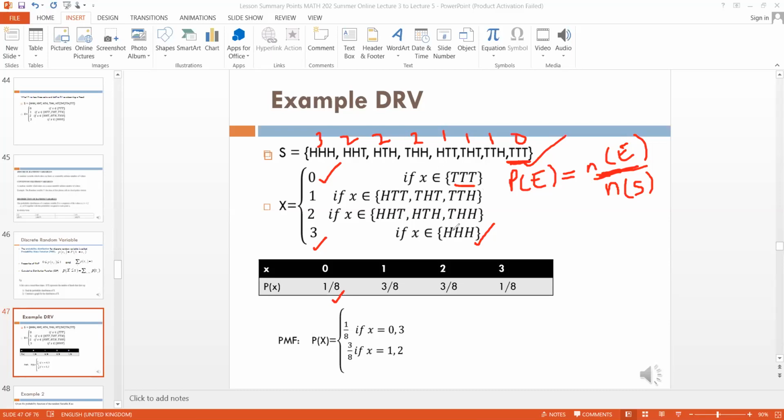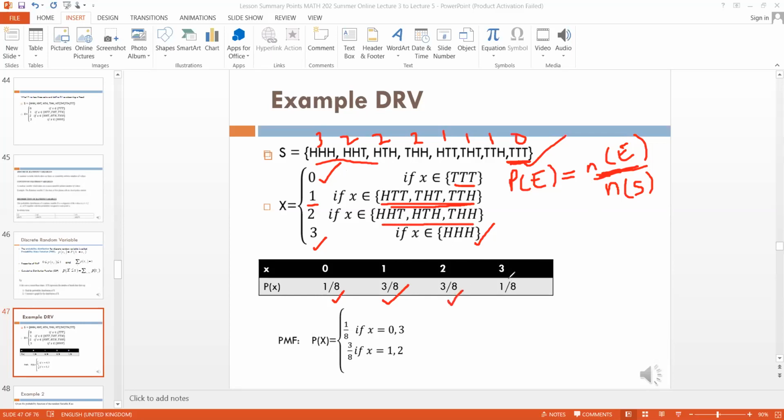Very good. On the other hand, when it comes to 1, there are 3 different outcomes which have only 1 head out of a total of 8. So that will give us 3 over 8 for the probability of the outcome 1. And then for the outcome 2, we have 3 outcomes in the whole sample space, so that gives us 3 over 8.